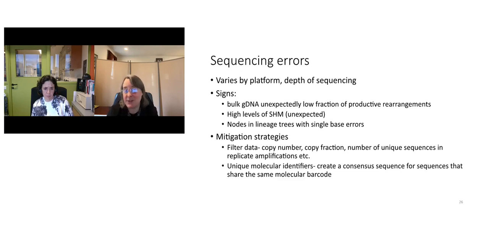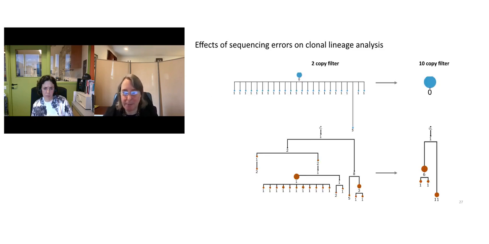But if you're sequencing deeply enough, you can still get those errors to occur in multiple independent amplifications. So just beware. The other strategy for mitigating sequencing errors is to use what are called unique molecular identifiers. Here you can put barcodes on individual molecule templates. This is usually with RNA-based sequencing, and you can use those to create consensus sequences, and I'll show you what that looks like in a second.